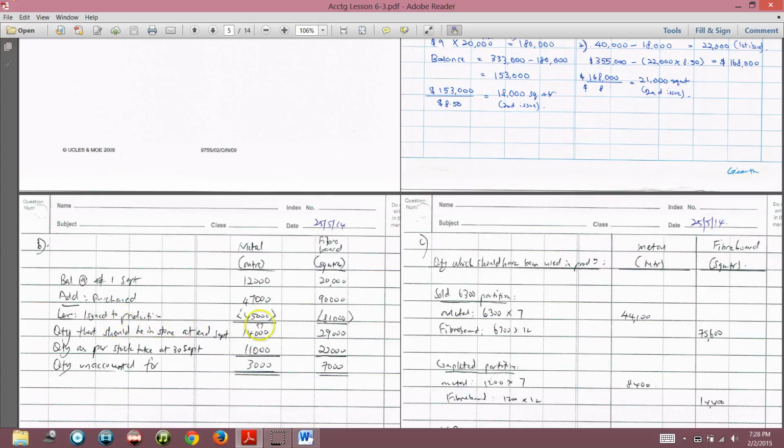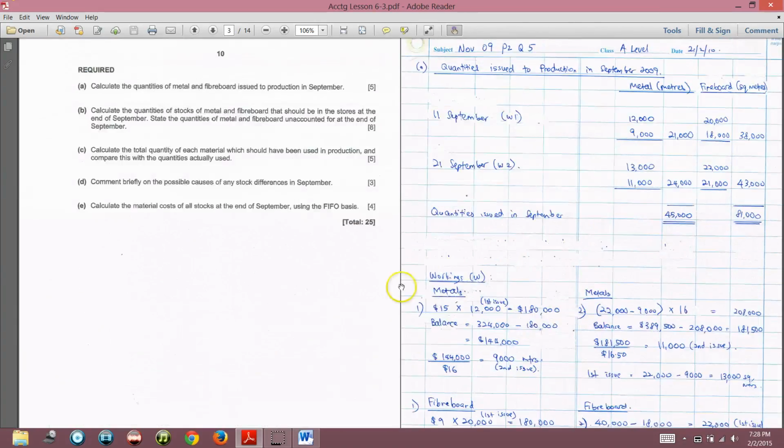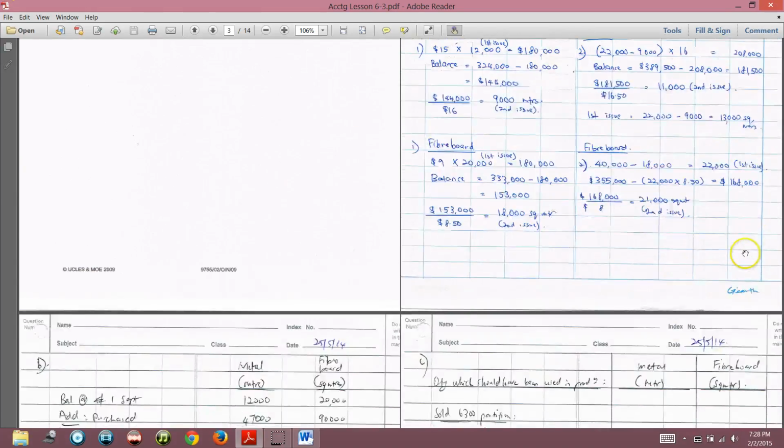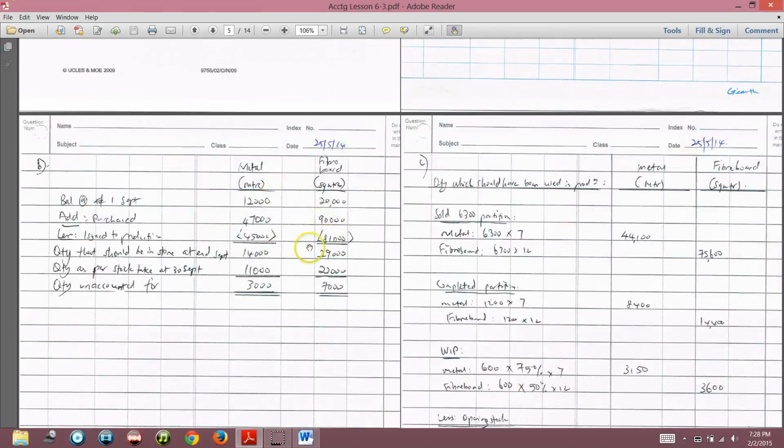The issued to production for metal and fiber board is what we calculated here, in A and B. Issued to production for metal is 45,000 and fiber board is 81,000. So the beginning balance plus what is purchased minus what is issued to production will be the quantity that should be in the store at the end of September: 14,000 and 29,000.